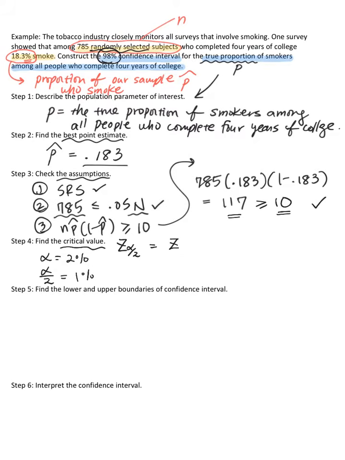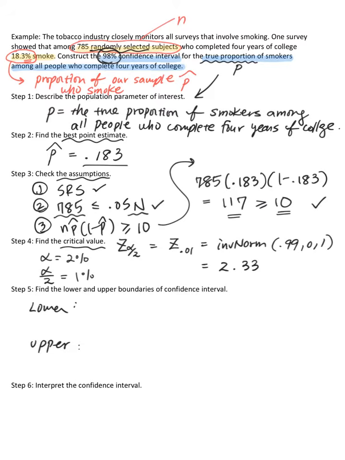So z sub 0.01: that's inverse norm, 0.99, mu 0, sigma 1. That's going to be about 2.33, which is our critical value. Step 5, find the lower and upper boundaries of the confidence interval. So, lower and upper.